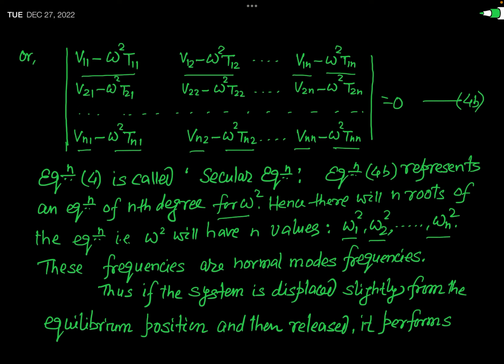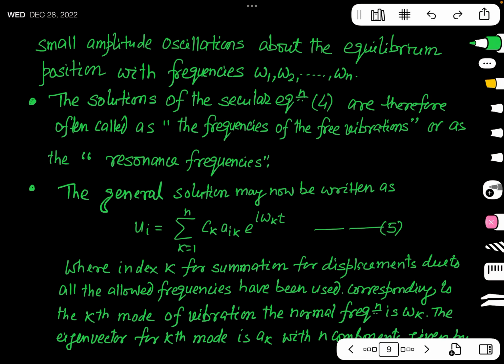Actually, these frequencies are the normal mode frequencies. So it is clear that whenever a system is displaced slightly from its equilibrium position and then released, the system performs a small oscillation, or an oscillation with a small amplitude, about the equilibrium position, and we will have n discrete frequencies defined by omega 1, omega 2, and so on, omega n.